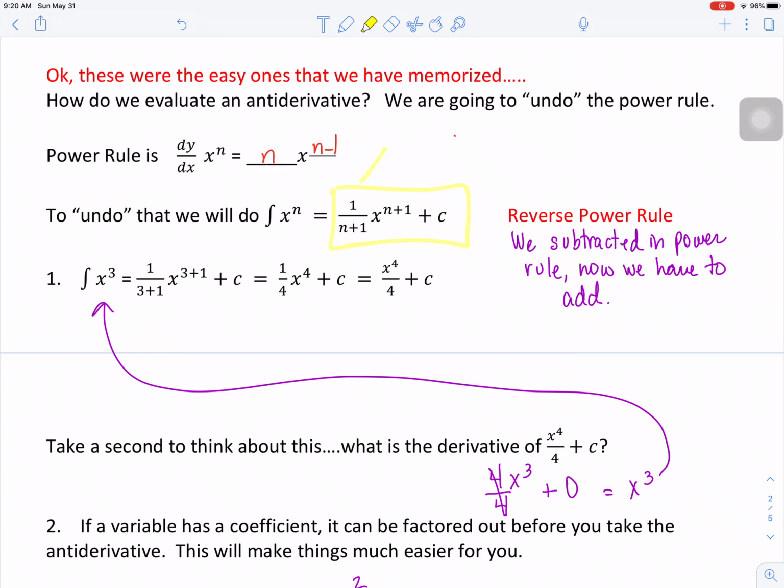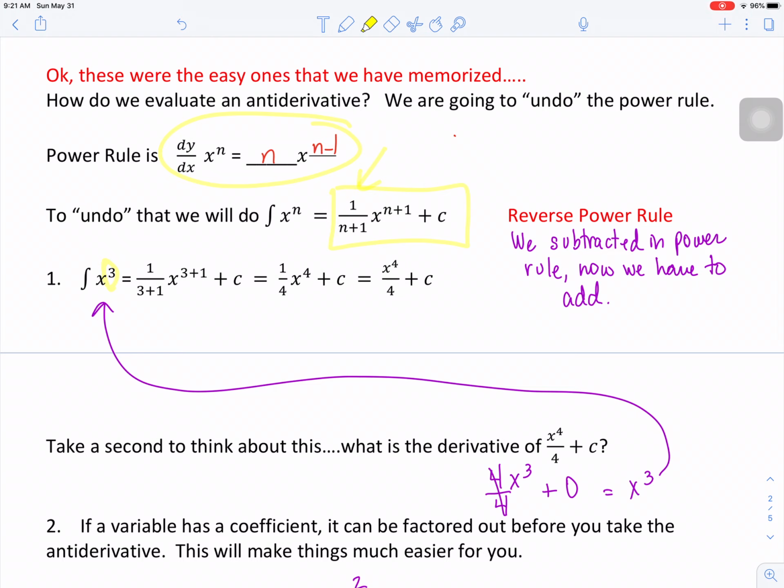Now, why is this over n plus 1? Well, I think you're going to see it from an example. Here's x cubed. What's the antiderivative of x cubed? Well, when we took a derivative, we took the exponent and brought it in the front, remember? You took the derivative, you brought the exponent down and decreased it by 1. So this exponent is now a 3, so it's going to become a 4, right? And what that means is a 4 came down in front.